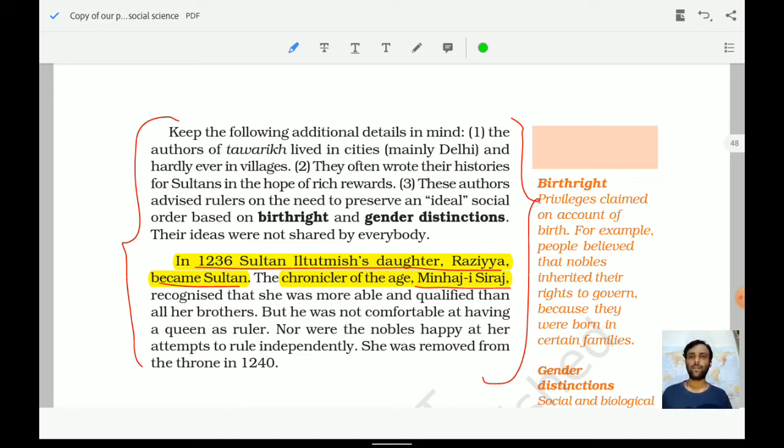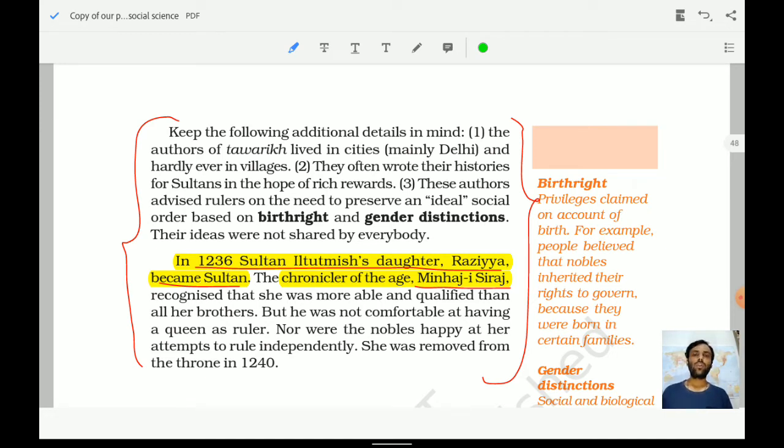Let us understand. Keep the following additional detail in mind: the authors of the Tawarikh lived in the cities, because Delhi was the prominent capital, and most of the people, historians, used to live near the sultan, because they wanted to write and please the person more and more, so that they could get a good amount of gold and other things as rewards, whatever was prevalent at that time.